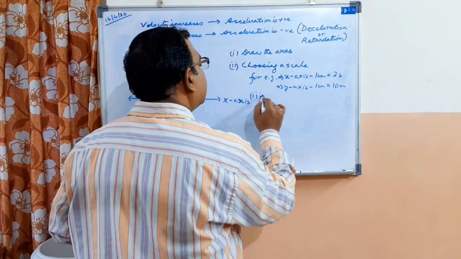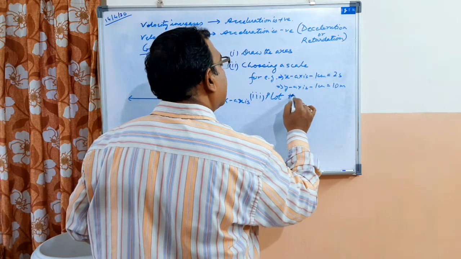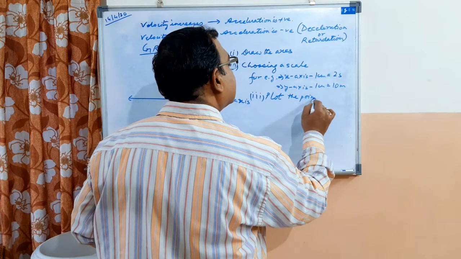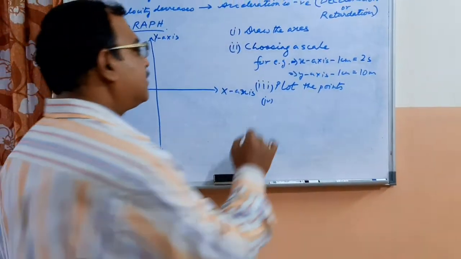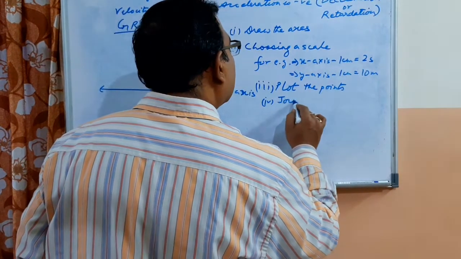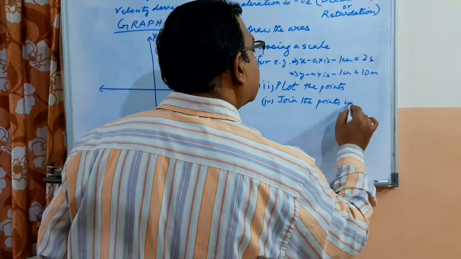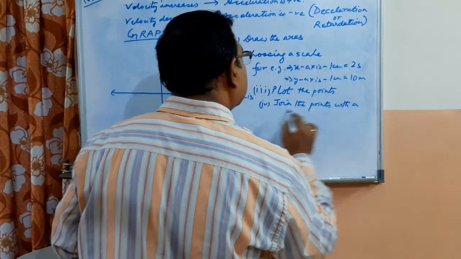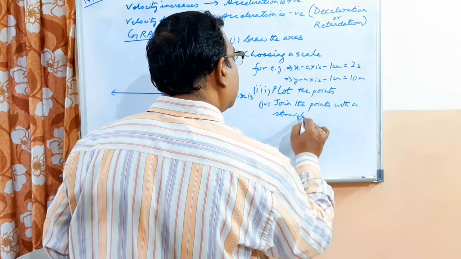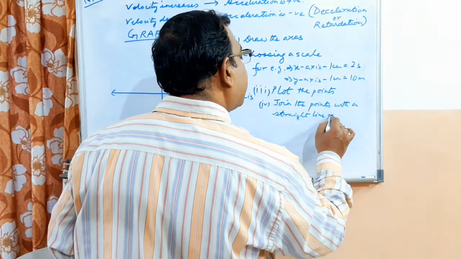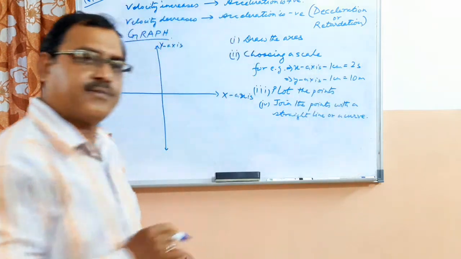Third, you have to plot the points, and fourth, last is join the points with a straight line or a curve.